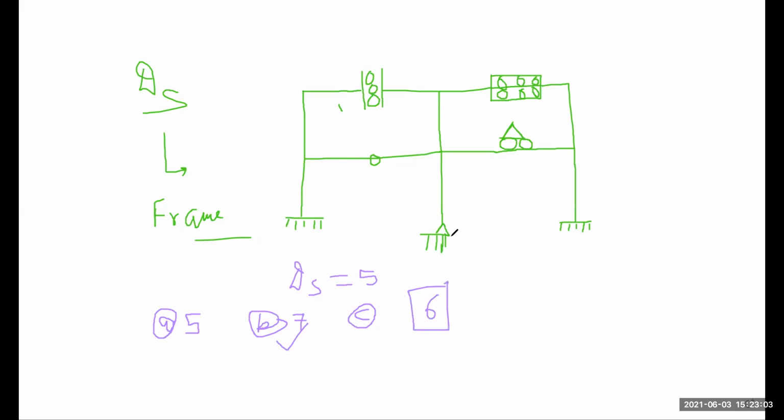So see here, if you find DS of this type of frame, first of all, you find the release reaction. In this case, here only shear is released. So if this type of structure is available in a member, then only shear force is released from the member.